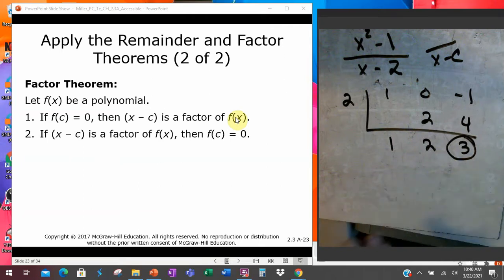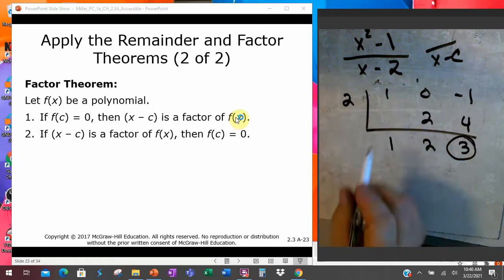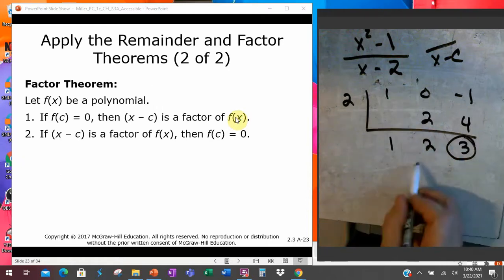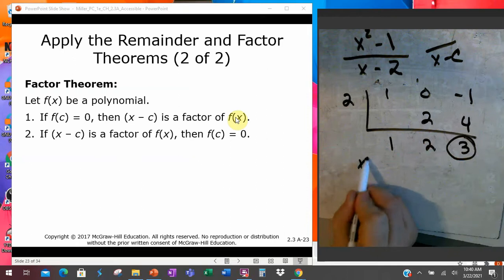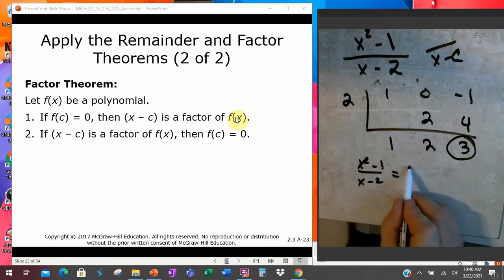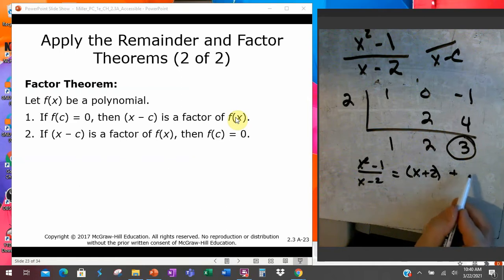Also, the factor theorem and the remainder theorem, I want to see this in just a minute. If I did this process, the result is x plus 2 plus 3 over x minus 2. Okay?